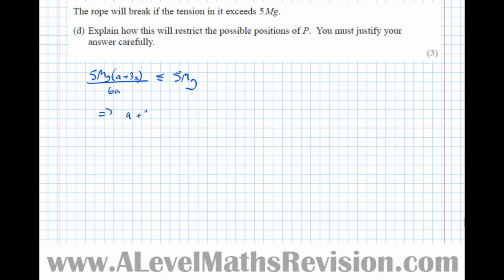We get (A plus 3x) over 6A is less than or equal to 1. Times by 6A, which implies that A plus 3x is less than or equal to 6A, which means that 3x is less than or equal to 5A, which means that x is less than or equal to 5/3 A.